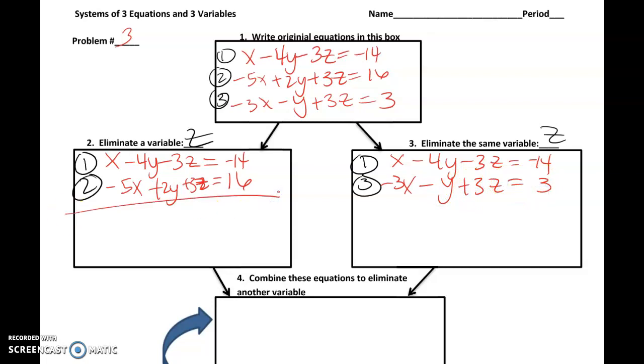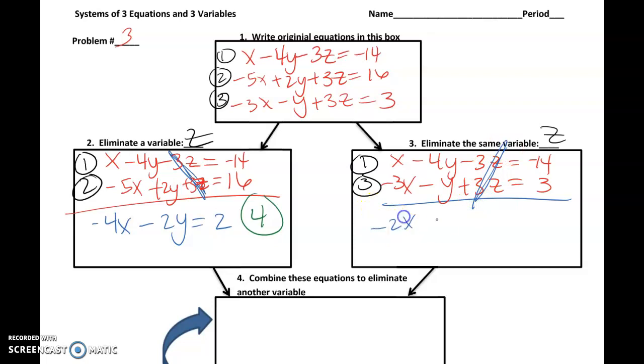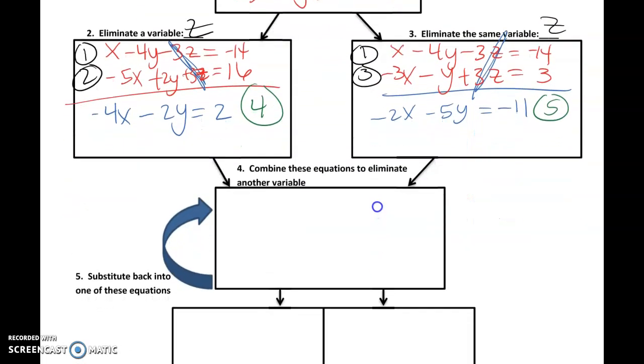And there's nothing that I need to multiply in order to eliminate z's because they already have opposite coefficients. And so -4x minus 2y equals 2, and that's equation 4. And over here the same thing, already have opposite coefficients. -2x minus 5y equals -11, and that's equation 5. So if I combine these two equations, I have -4x minus 2y equals 2, and -2x minus 5y equals -11.